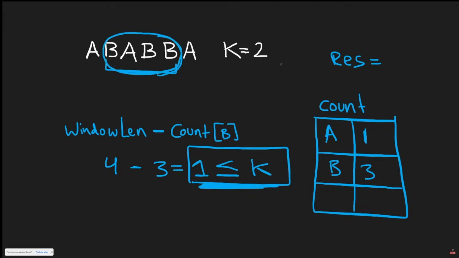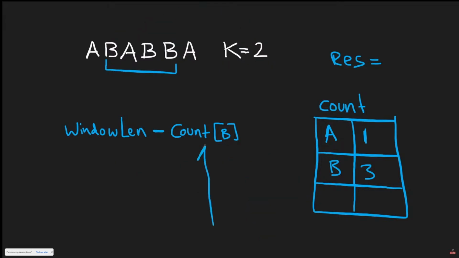That means we have enough replacements to make those replacements in our current window. So this is the main condition that we're going to be checking. The other question is, how are we going to know which character is the most frequent? Well, the brute force way is to take a look at our map of counts, and we know that the max size of this could possibly be 26 because we'd only have 26 different characters.